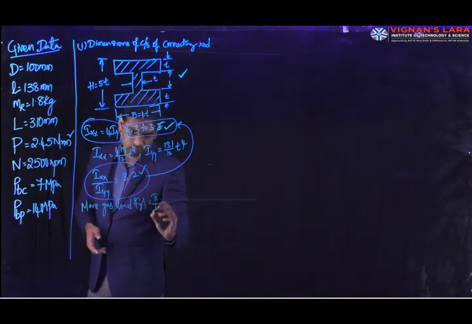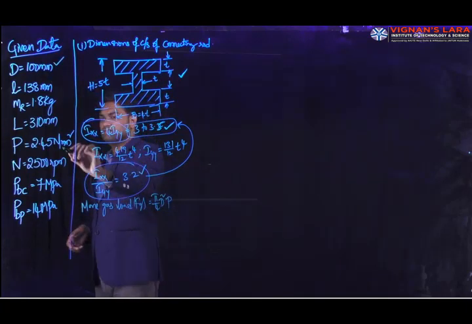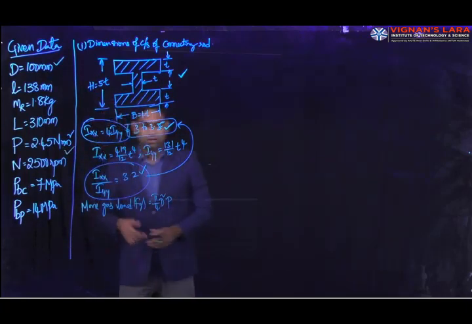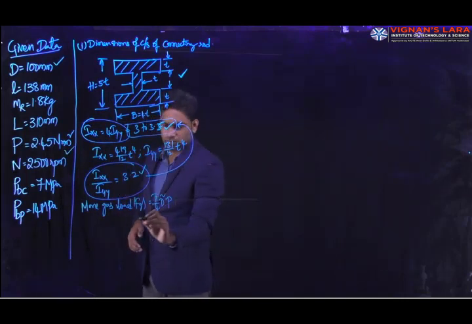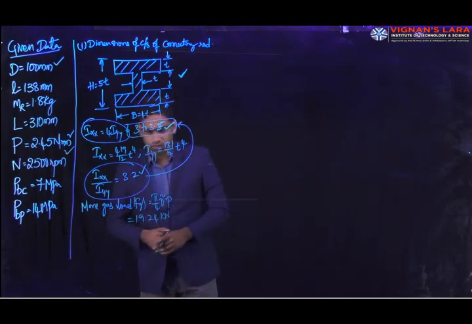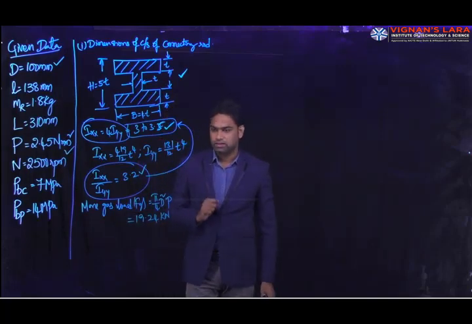It is calculated by pi by 4 D square into P. The cylinder diameter, capital D, as well as the maximum gas pressure, is given. You can substitute both values, and you may get the maximum gas load as 19.24 kilonewtons, that is, 19.24 into 10 cube newtons.